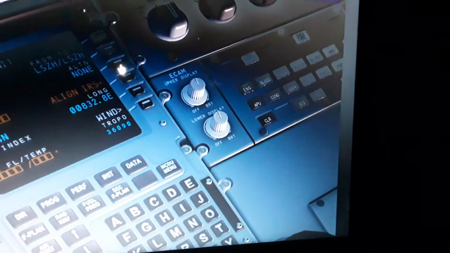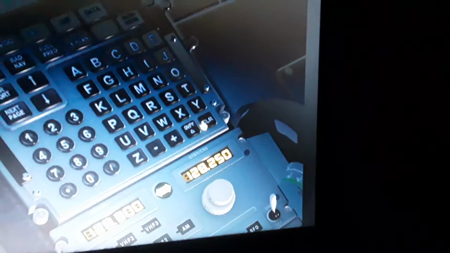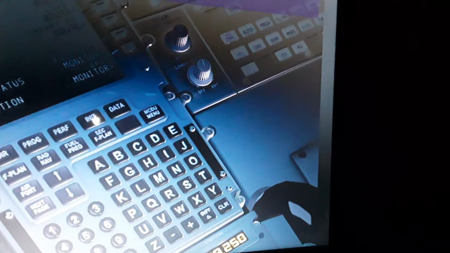I'm gonna go align the IRS. Clear the discontinuity. I'm gonna need some more.